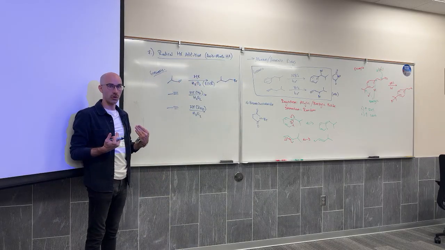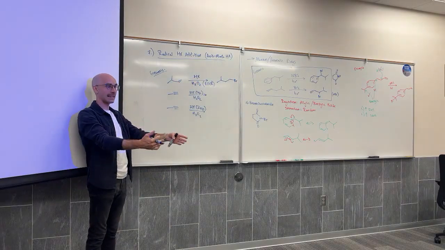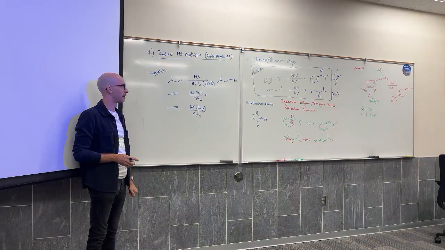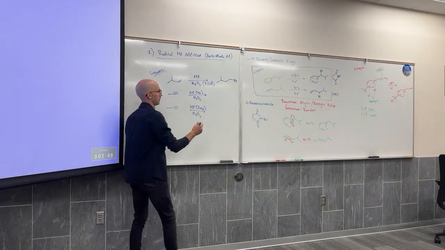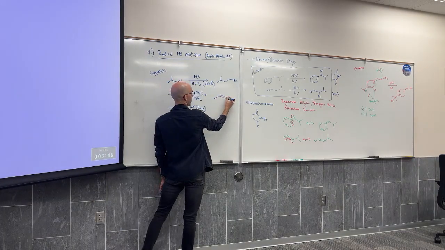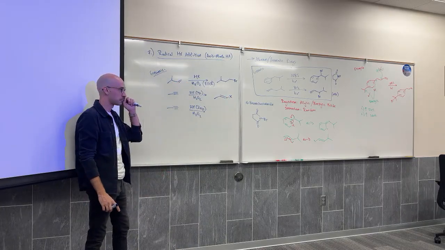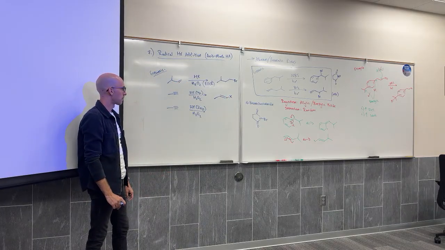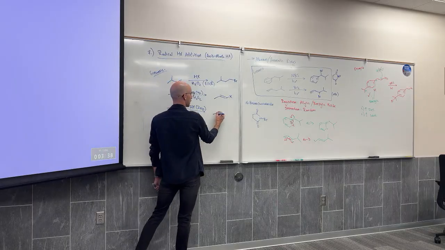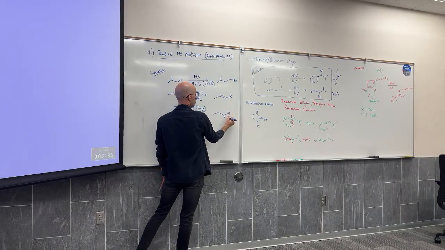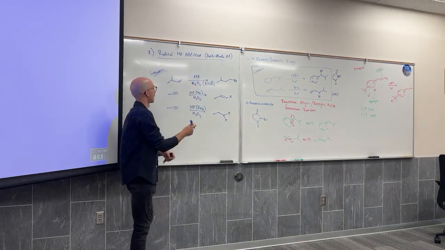H adds to the more substituted carbon, X adds to the less substituted carbon. Here, I get the less substituted vinyl halide. And here, I get the less substituted geminal dihalide.